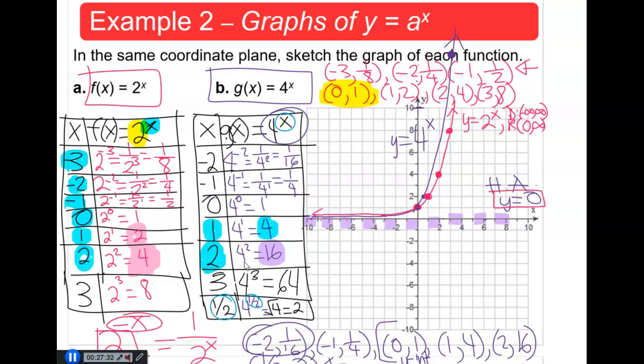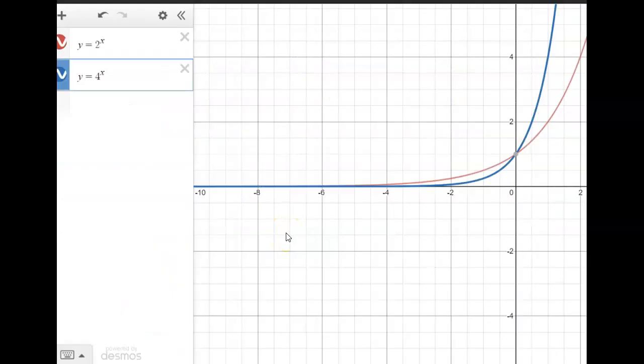So here it becomes more evident that if they have the same x value of 3, the function with the base of 2 is way smaller. 2 to the power 3 is 8 because the base is 2. But if you change the base to 4 and you have the same x value, it will be 4 to the power 3, which is 64. And you could see the difference between 64 and 8. It's pretty big. And if we were to keep graphing them, the difference would be pretty evident.